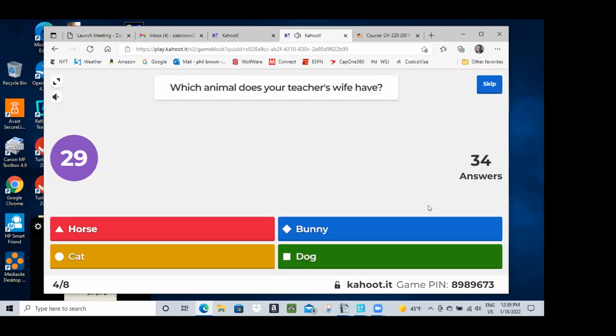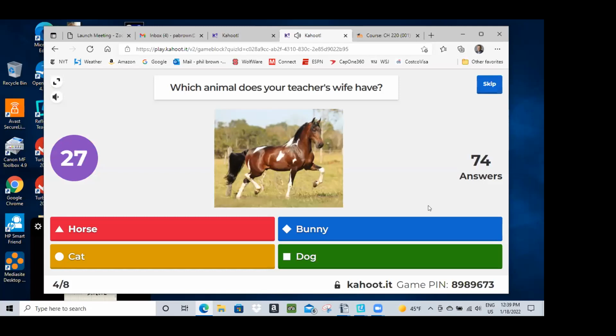What animals does your teacher have? Again, the picture will tell you. So is that a picture of a horse, a cat, a bunny, or a dog? Better not say dog. That kind of looks like my wife's horse too, by the way. She's got a paint.